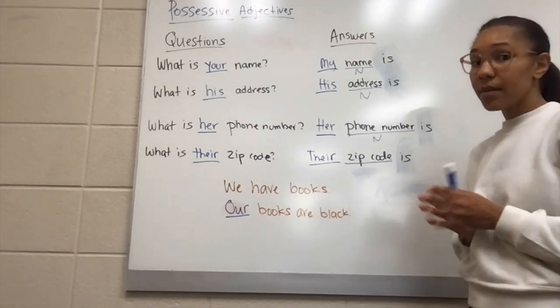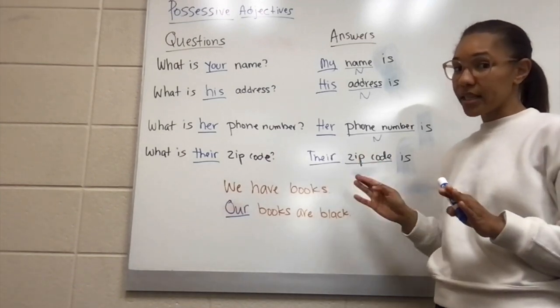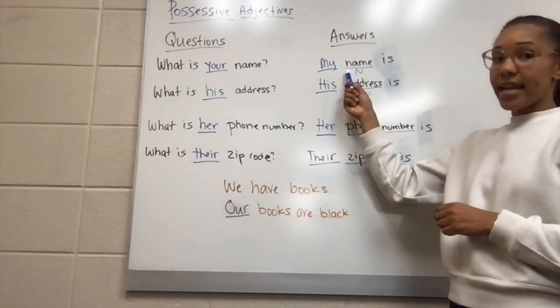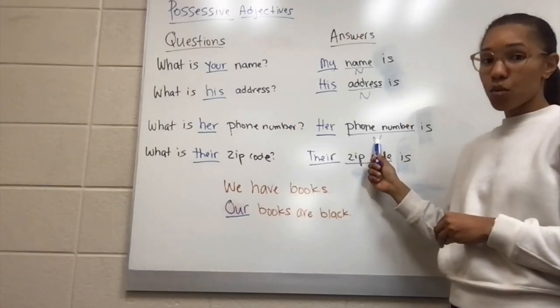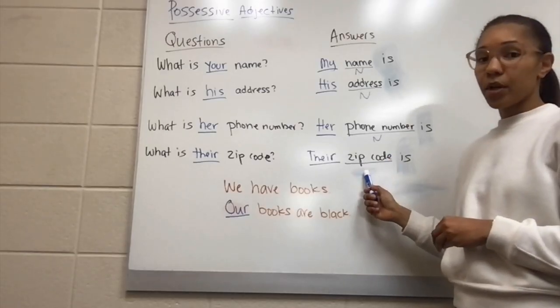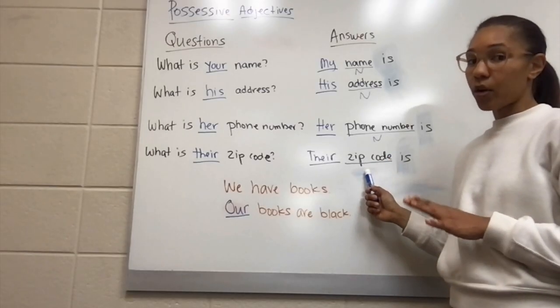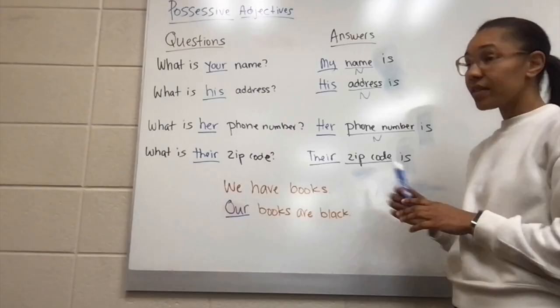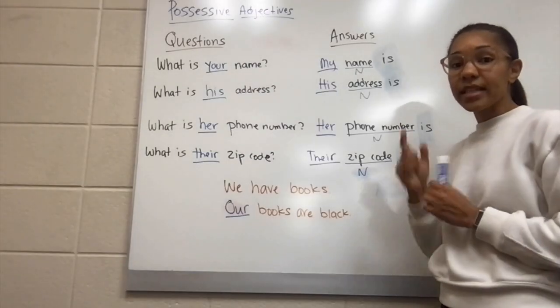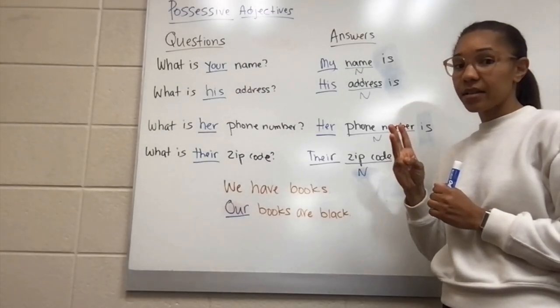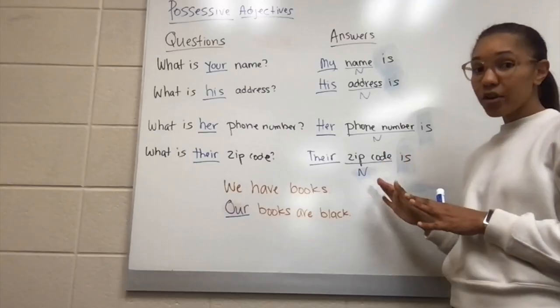So let's look at something maybe you've noticed while I was reading these. Name, address, phone number, zip code. All of these are vocabulary you've already learned, but also these are all nouns, which you remember is a person, a place, or a thing. So you can see the pattern here.